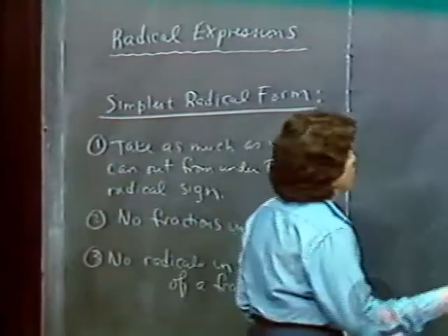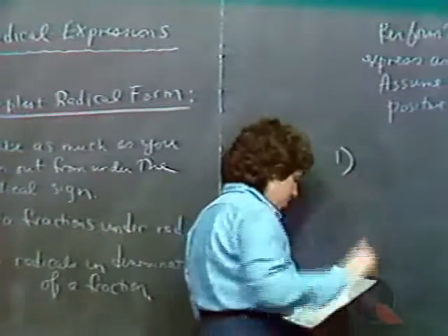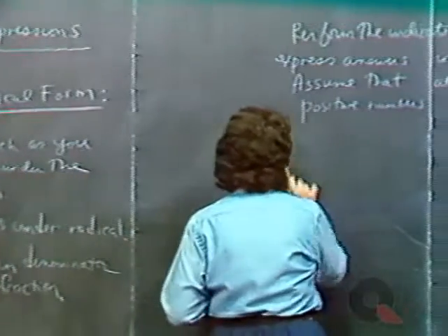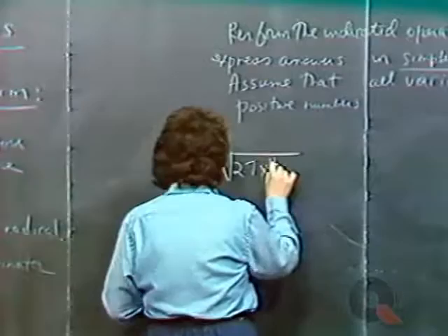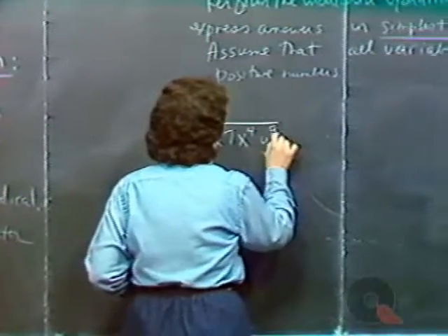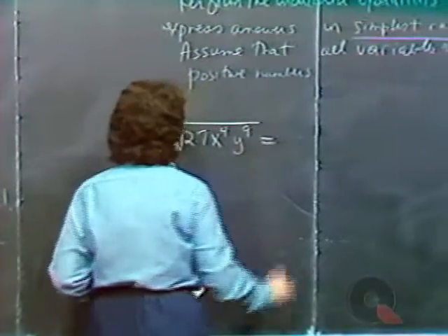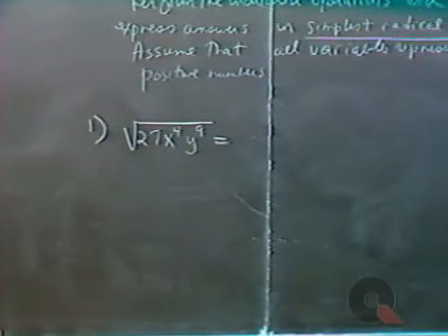Okay, let's get started. In the first example, we want to simplify the square root of 27x to the 4th y to the 9th. We want to take as much as we can out from under the radical.